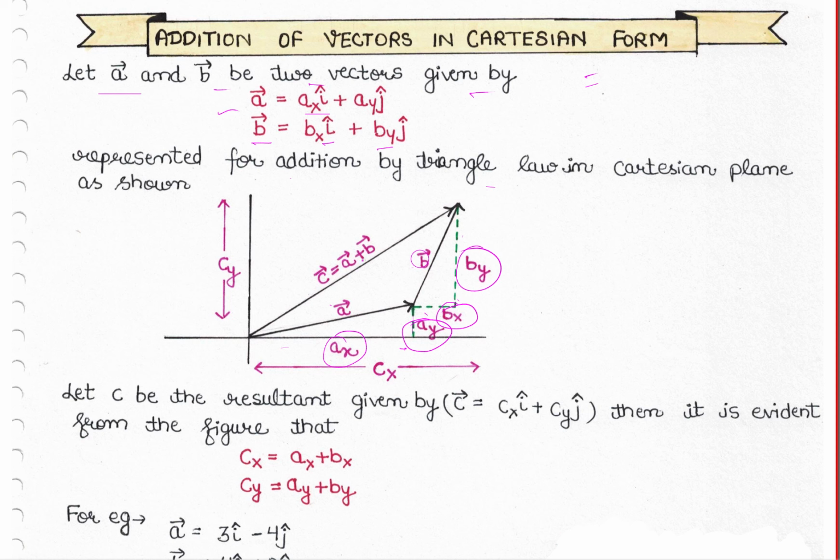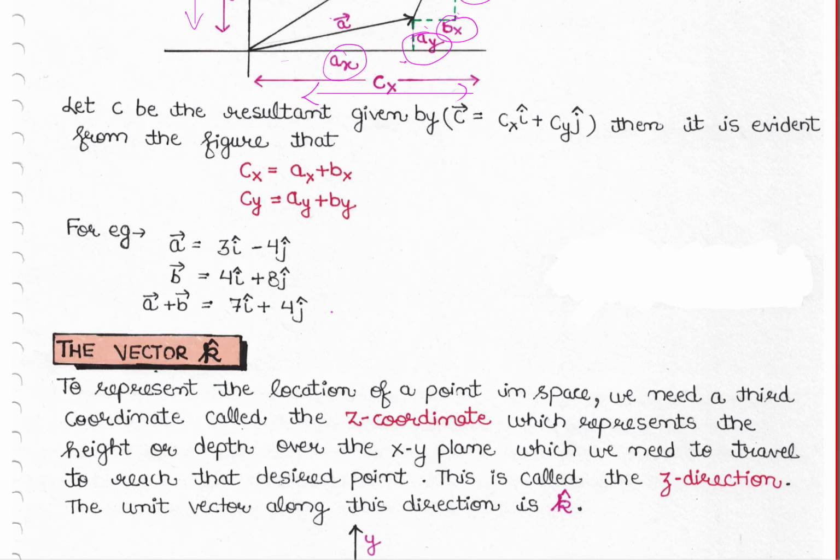If we add like this, c is equal to a plus b, this part represents the cy component and this whole thing represents the cx component. Let c be the resultant given by c is equal to cx i cap plus cy j cap.